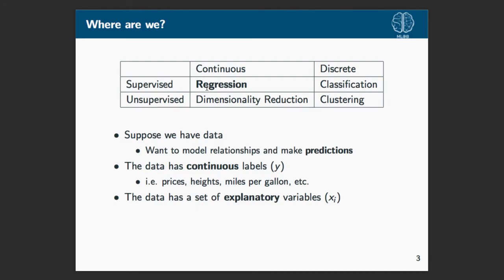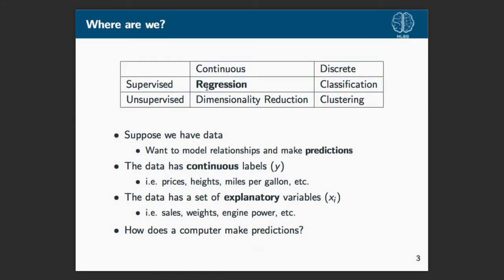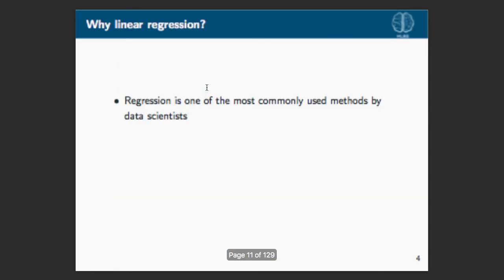So xi is what we use to predict these labels. So for example, sales, weights, engine power. Engine power can predict MPG, weights can predict height, sales can predict prices, etc. So in linear regression, we have a bunch of these xi's, and we want to predict the y from these xi's. And that's what we're going to explore today. So how does a computer make predictions based off of this? That's our topic for today.